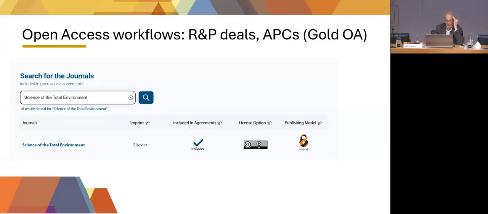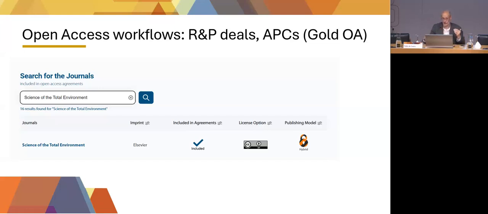So we're seeing ever more frequently researchers, especially early career researchers, writing to us and saying, I want to publish this paper. Can you tell me where to submit the manuscript in order to go to open access at no cost, because I have no money?